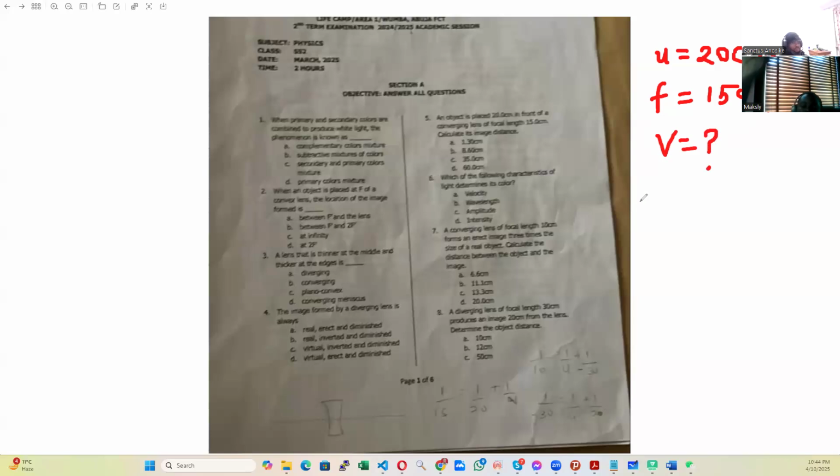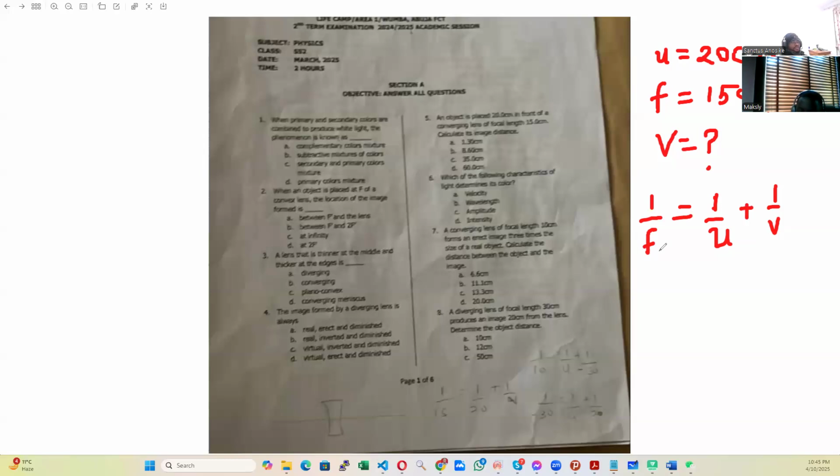I say 1 over F equals 1 over U plus 1 over V. Why do you know it's plus? Because it's a converging lens. The plus in here, not the plus for the F. A plus for V because the image is real.